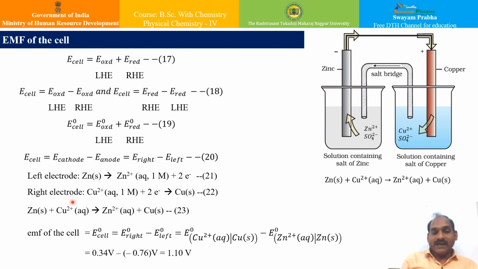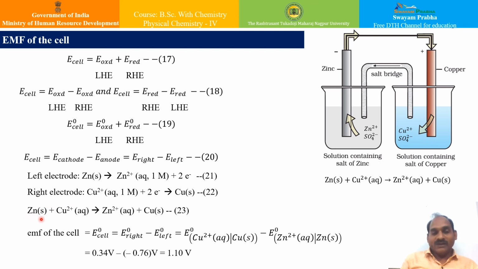And what is happening at the right hand side electrode? Two electrons are absorbed by the copper ions from the solution, and the copper is being deposited at the copper electrode. So it can be represented by this left hand side half cell and right hand side half cell. If I sum up these two half cell reactions, equations 21 and 22, the overall reaction of the cell is represented by this.